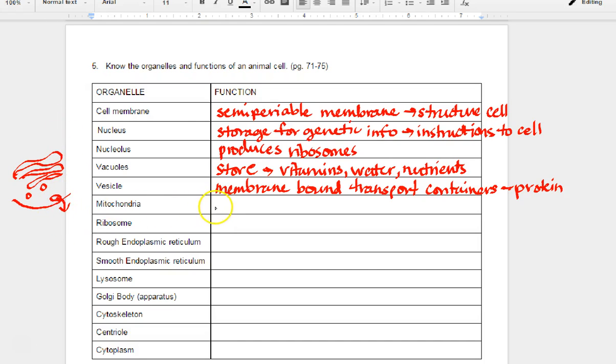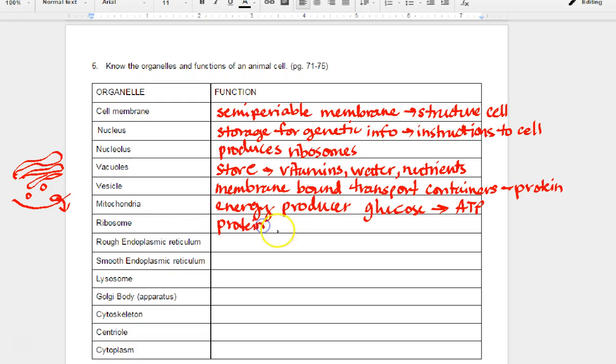Okay, mitochondria, these are the energy producers. These are going to take glucose and they are going to break it down into ATP. And we're going to learn all about that this coming chapter or standard. Ribosomes, these are the protein producers.